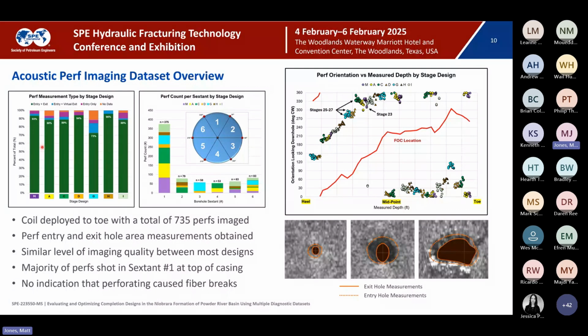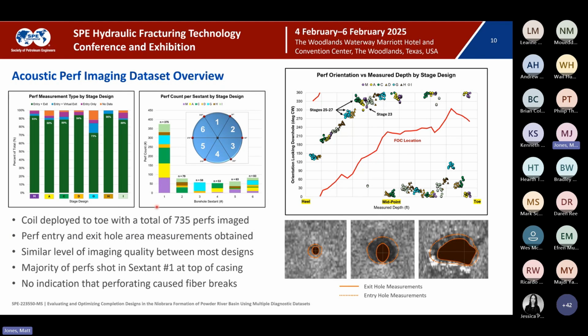That never happens. You always have some level of occlusion with your imaging for various reasons. Most of the designs have close to 90% of perforations in the entry plus exit category. The only design that might be a little bit biased in this regard is design G, which has 73% of its perfs in the entry plus exit category. All the other designs are pretty similar.